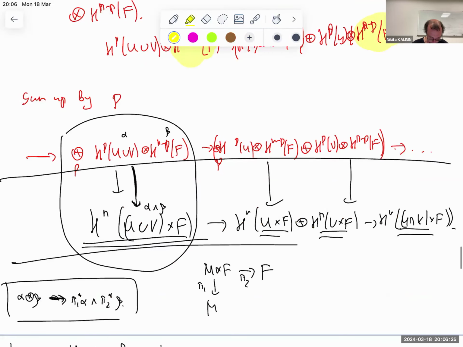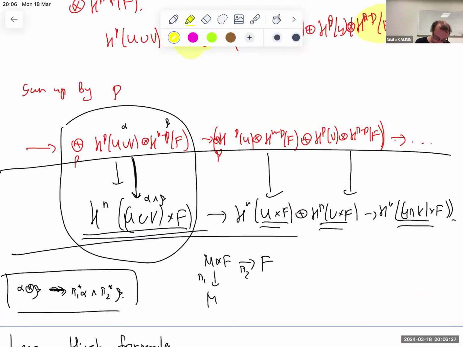So it means that if you compute it here, d of alpha beta, it will be just d alpha. Okay, and then if you after that apply this map, then the question boils down to the fact that differential and pullback commute. Well, that's true. They commute.